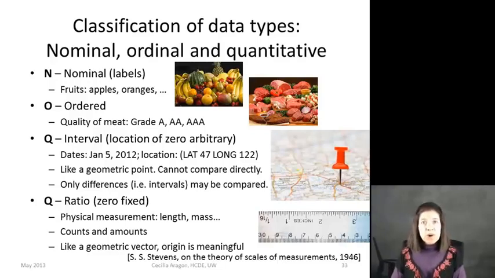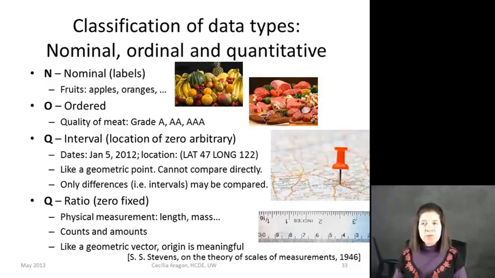Of the 2 types of quantitative data, interval data is where the location of 0 is arbitrary. So dates are an example, like January 5, 2012, or location, for example, latitude 47, longitude 122. These are like a geometric point.